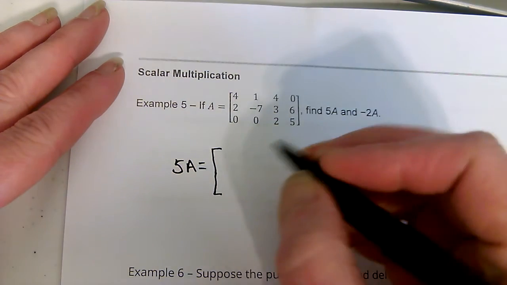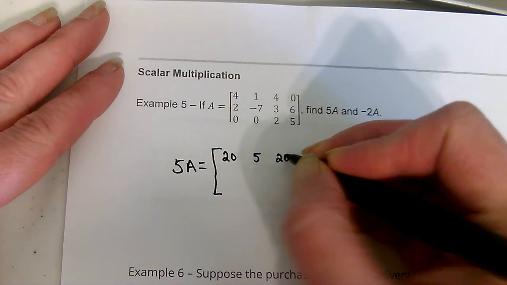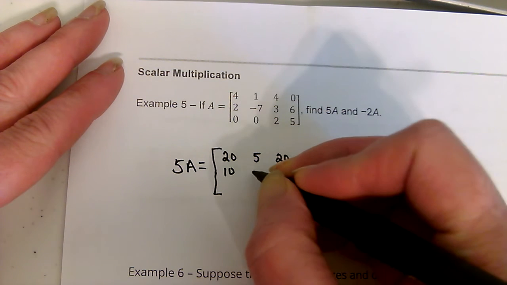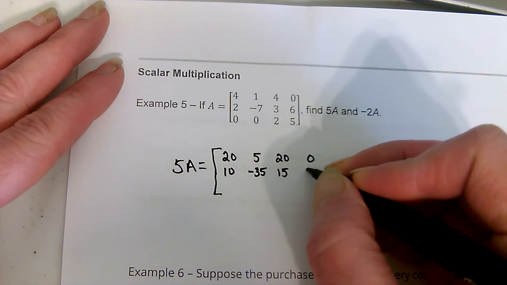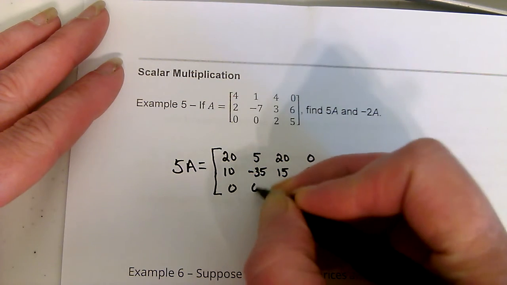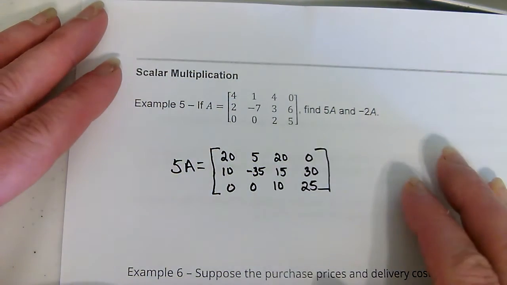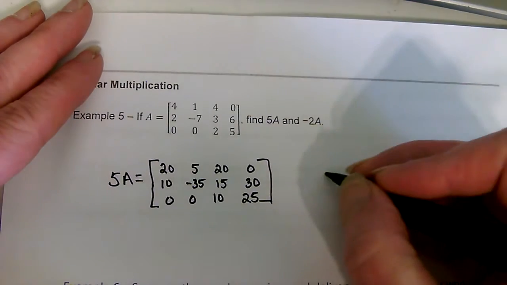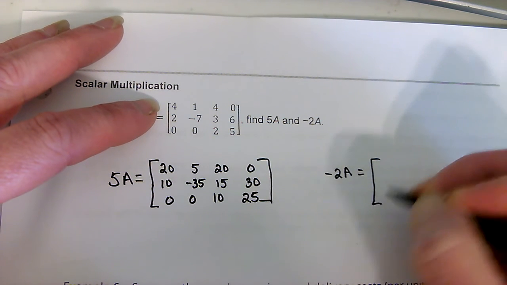I'm just going to multiply everything by 5. And if I'm finding negative 2A, I'd multiply everything by negative 2.